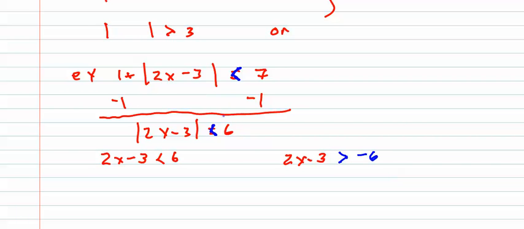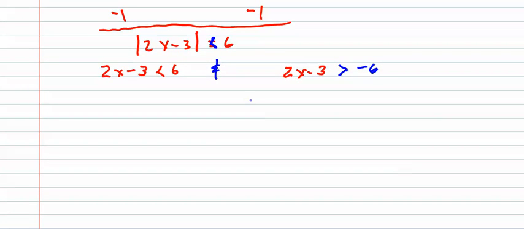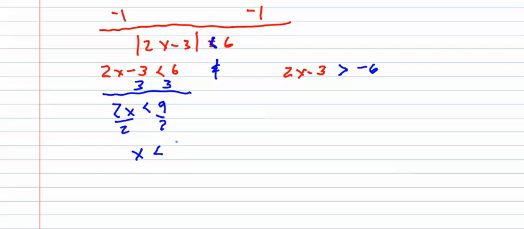Less than, remember, is AND. And then we solve them. So I add 3, 2x is less than 9, divide by 2, x is less than 9/2.